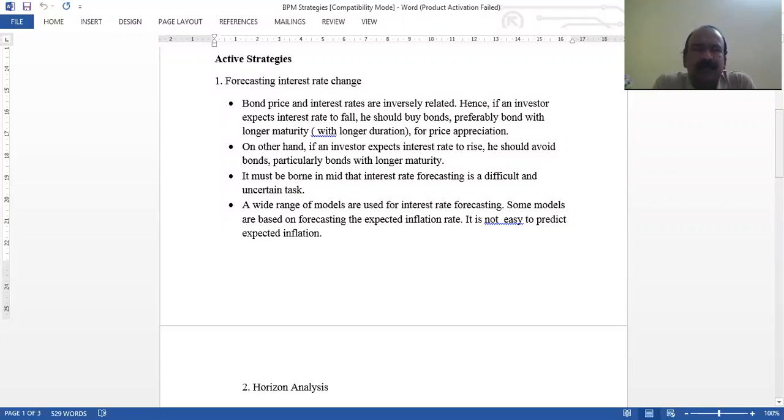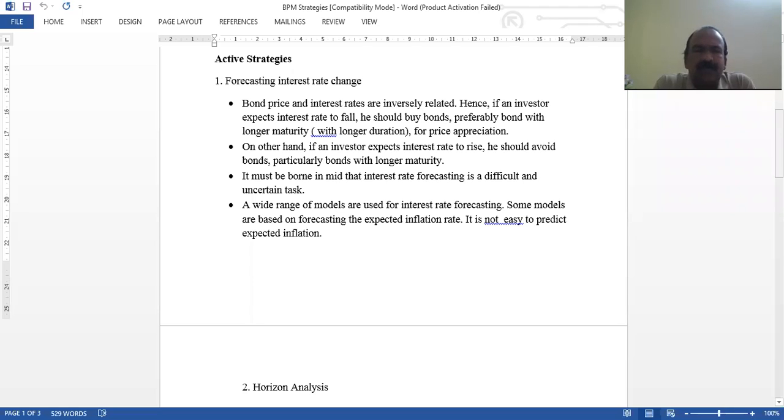By forecasting interest rates, he can predict his bond return. As all of us know, bond price and interest rate are inversely related. The higher the yield, the lower the price; the lower the yield, the higher the price. Both are inversely related, as we have seen earlier.